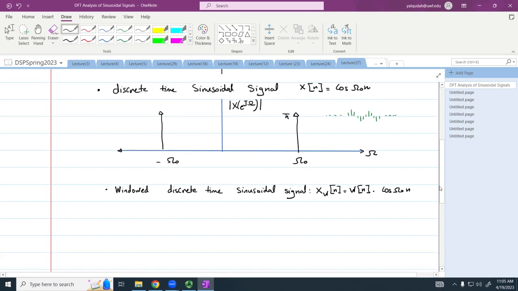So in this case, this signal only exists for a finite amount of time, depending on the window that we choose. This is the width of w of n.